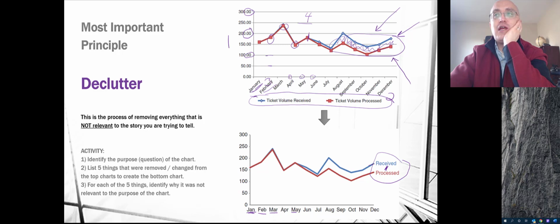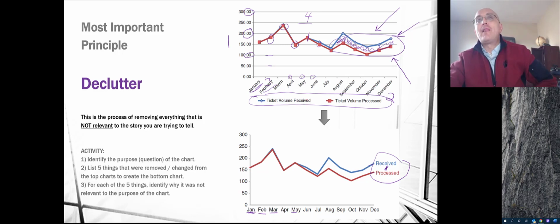So blue is received, red is processed. And so those tick marks, those squares and diamonds don't add anything to the story of this gap. We don't need them, and so she removes them down here, and we just have a nice clean line, so it doesn't distract from our story.